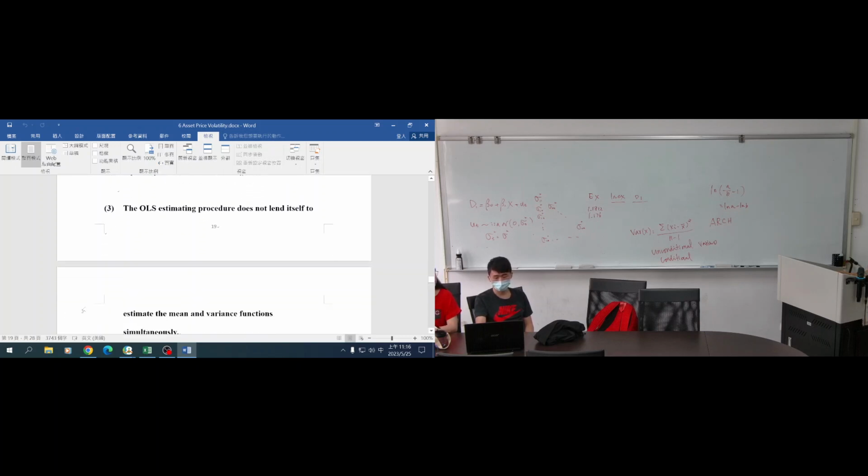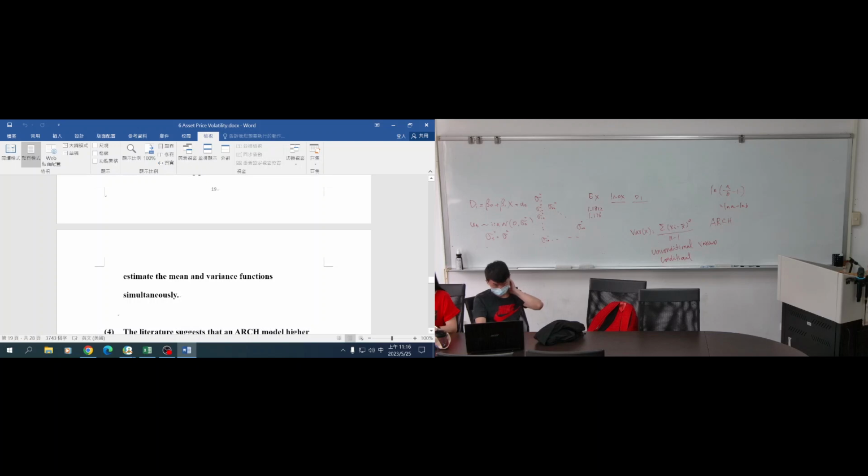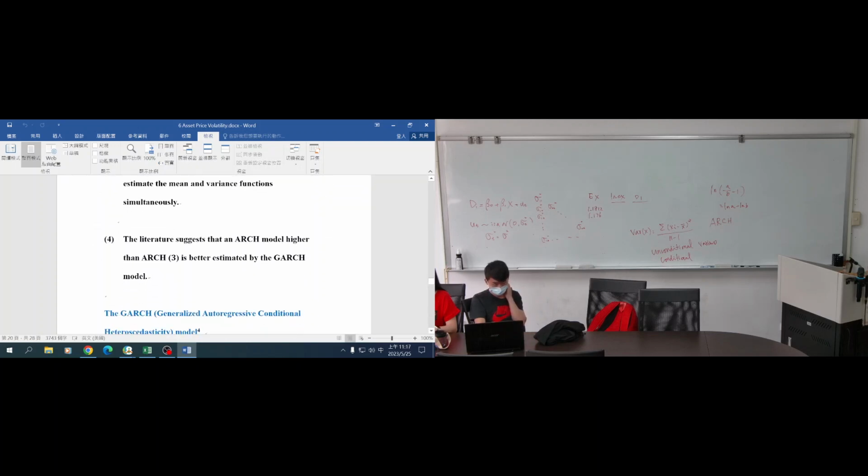Since if we use the OLS estimation procedure, it cannot do both the mean and the variance function simultaneously, therefore we're using the maximum likelihood estimator. The literature suggests that an ARCH model higher than 3 is better estimated by a GARCH model. So for the 8th order, we may like to try using GARCH.